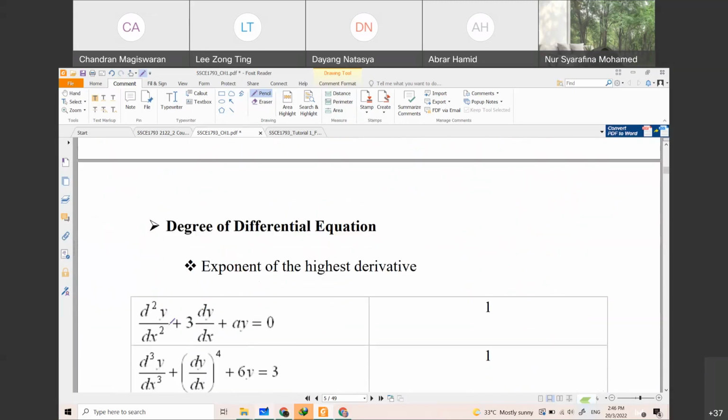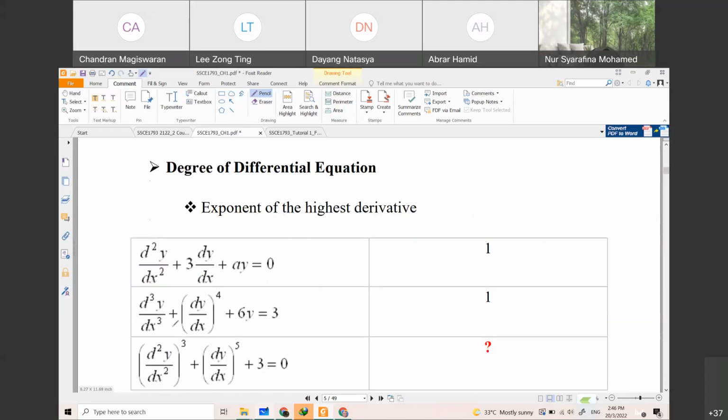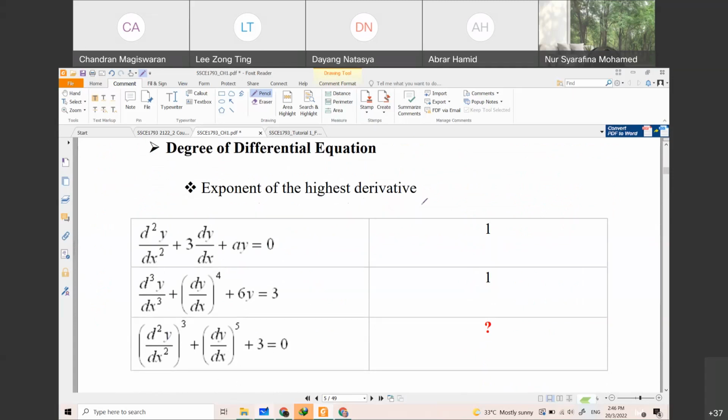What about the degree? The degree is the exponent of the highest derivative. So first you have to take a look at the highest derivative, and then look at the exponent or the power of the highest derivative. From this example, what is the highest derivative? d squared y over dx squared. Okay, so this is the highest.